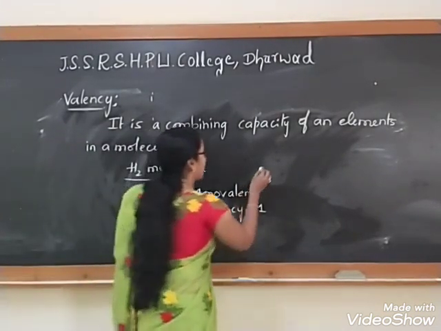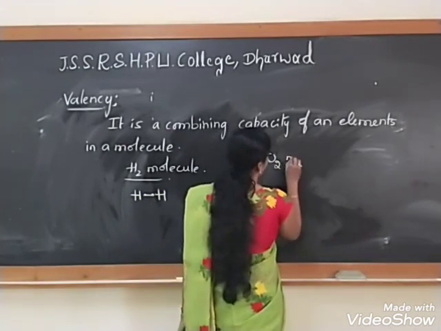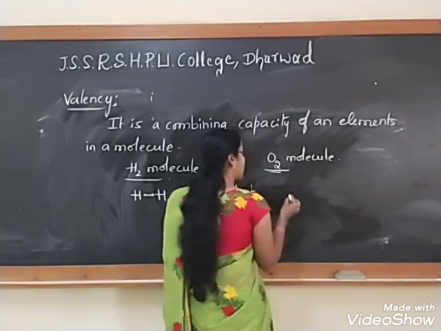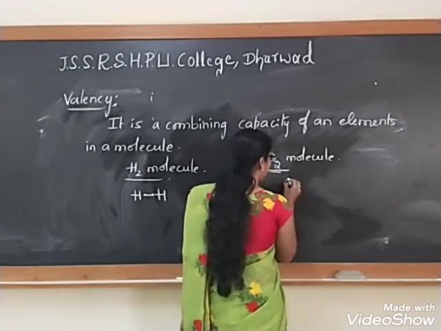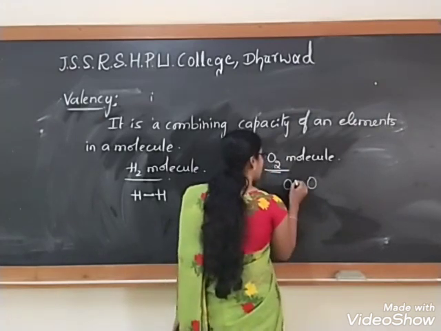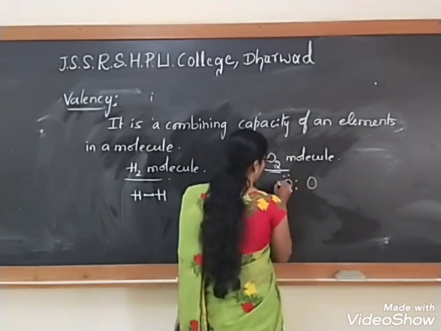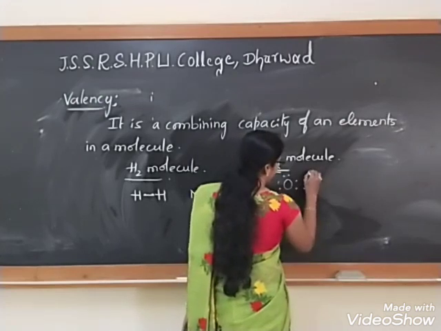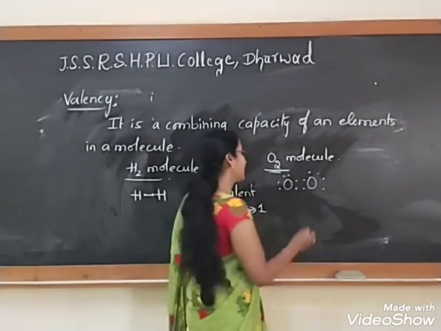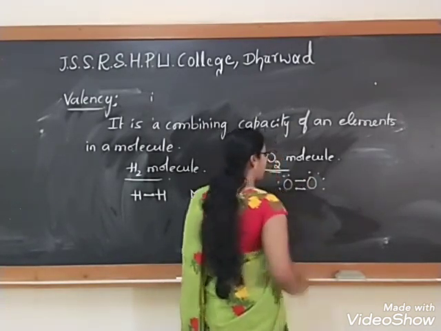Similarly, the oxygen molecule contains two oxygen atoms, each having 6 electrons. To attain stability or to attain octet, it combines 2 electrons.